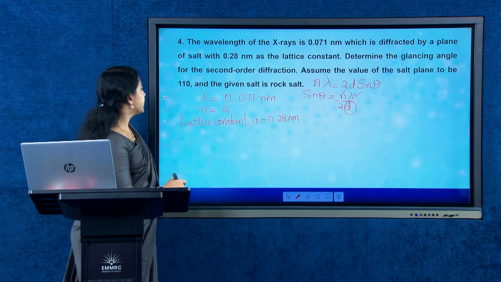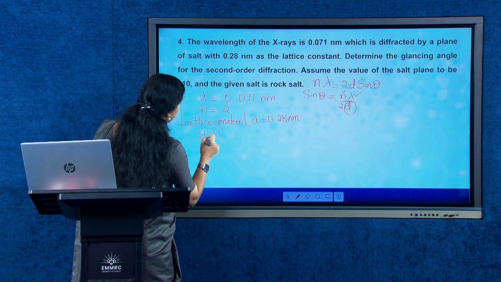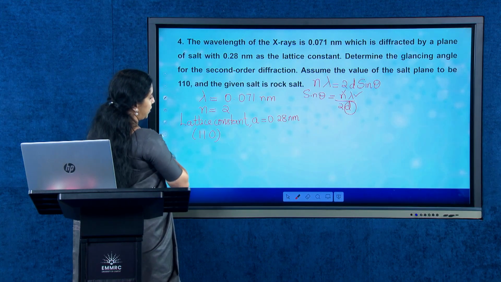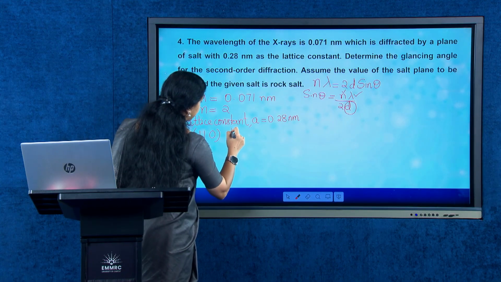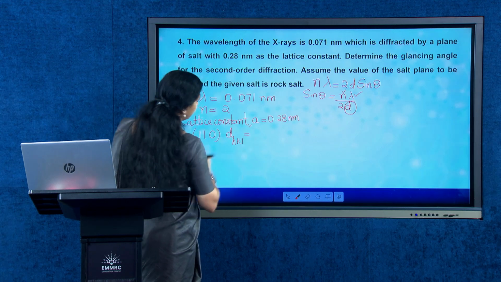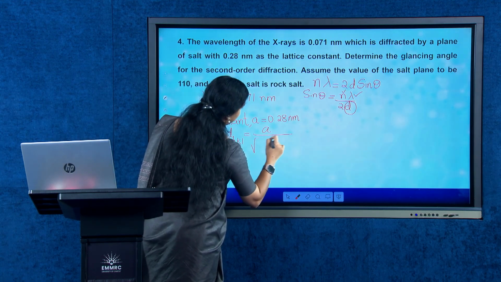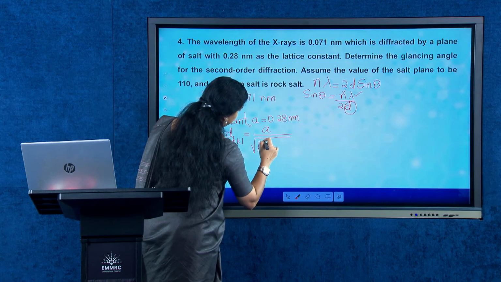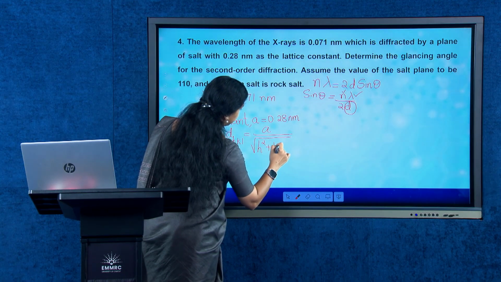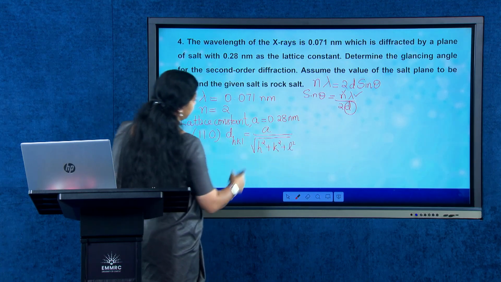Okay. It is given that the plane is 110. It is a 110 plane. So, using the equation d_hkl is equal to A by root of h square plus k square plus l square.